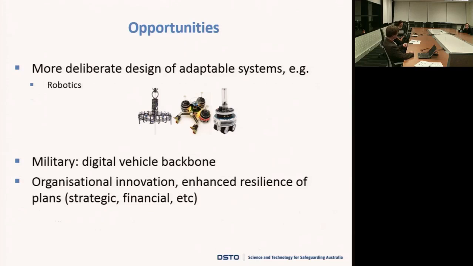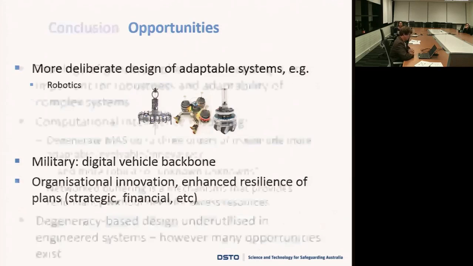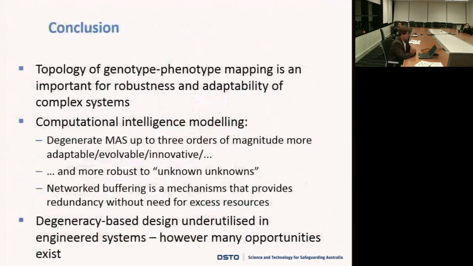Not everyone should be, but if you inject into teams some people with multidisciplinary skills, and you have many multidisciplinary teams, you get these benefits from network buffering, and therefore potentially adaptability, and you can do this. All right, what did I talk about?